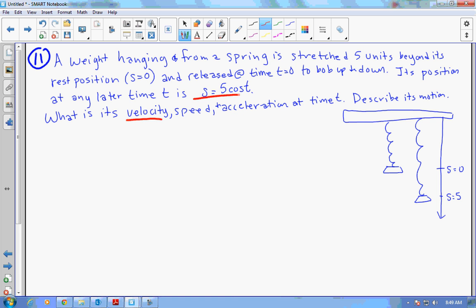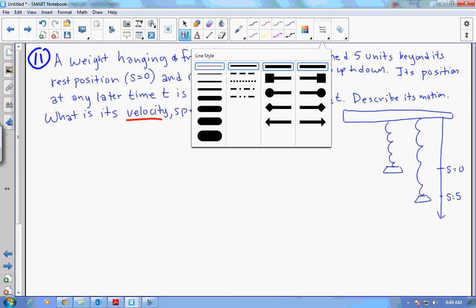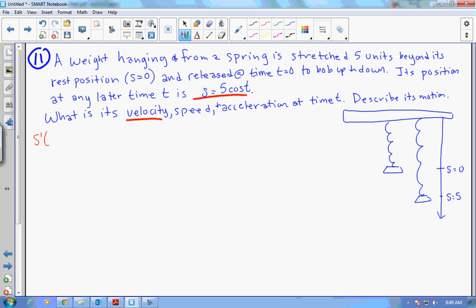Yeah, here's our position function. Velocity is the derivative of the position function equals the velocity function. So we have 5 cosine t. Take the derivative of that, Joanna. What would the derivative of 5 cosine t be?